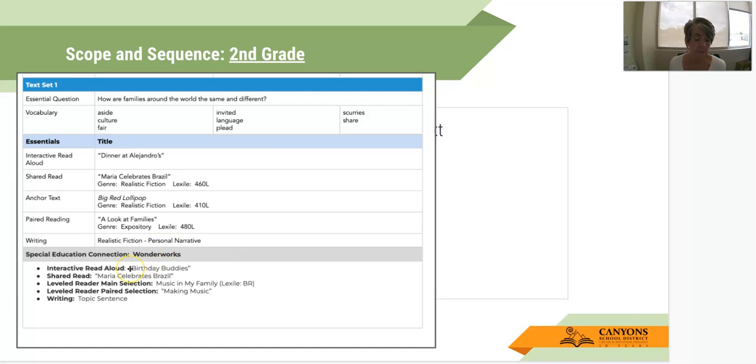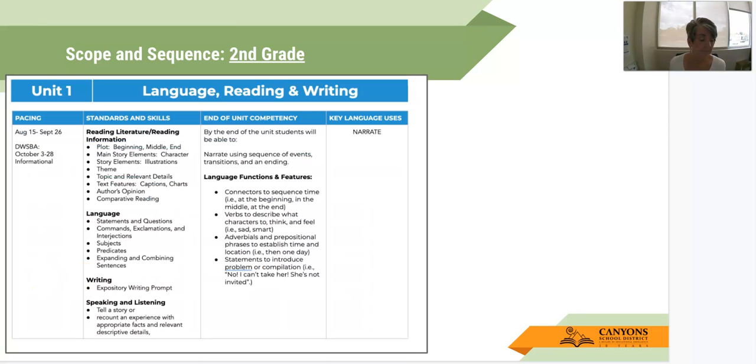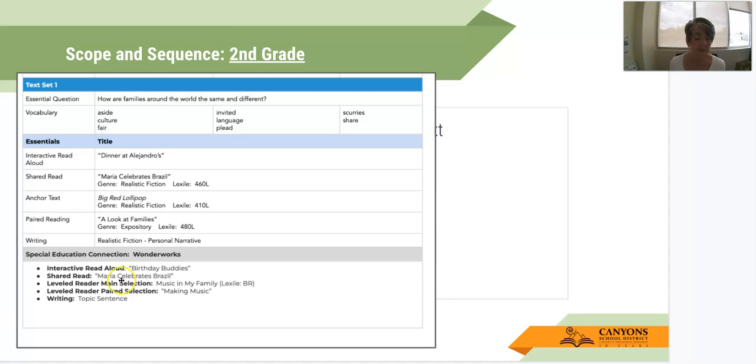Then in the shared read, it is Maria Celebrates Brazil. Here too, it's Maria Celebrates Brazil. This is a lower lexile, and because it's a lower lexile, in the shared read for special ed in WonderWorks, kids are able to talk about, do, and comprehend the same text, Maria Celebrates Brazil, even though you're talking about it here at a 460.